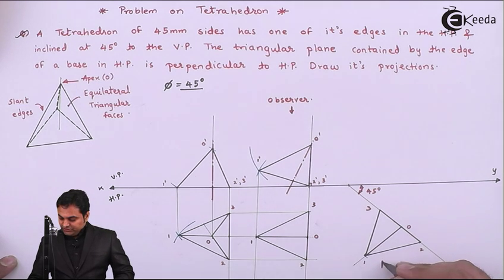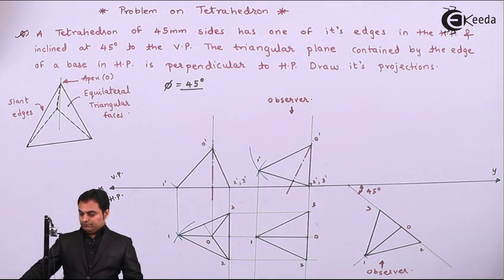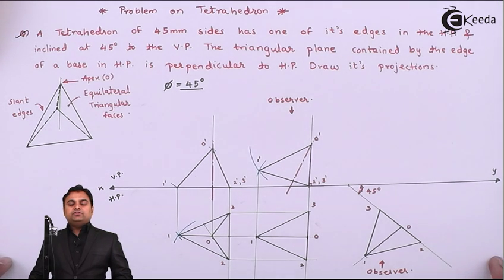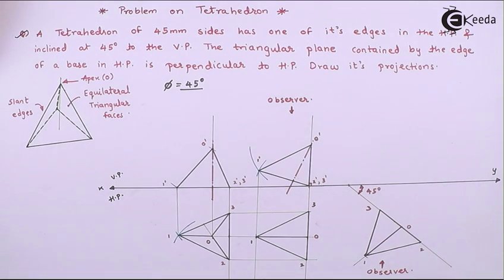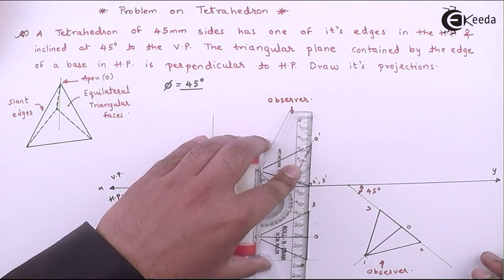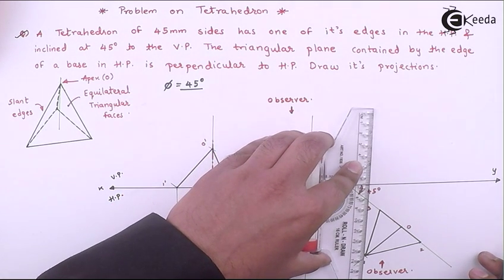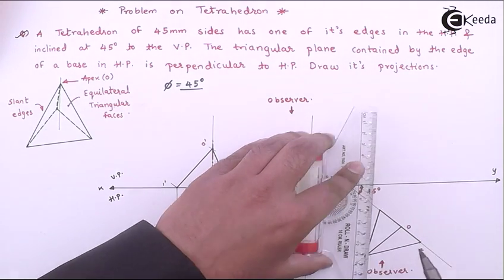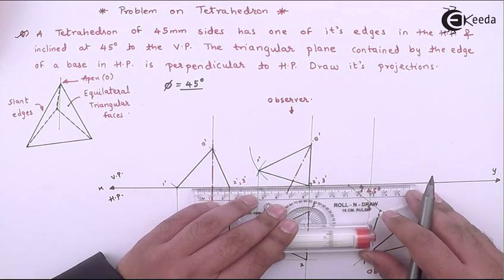Next I'll project its front view, and for that the observer is in this location. Now those points need to be projected first which are closer to the observer. So if we look from here, point 1 is closer, that will be projected. Point 1 dash from the front view.